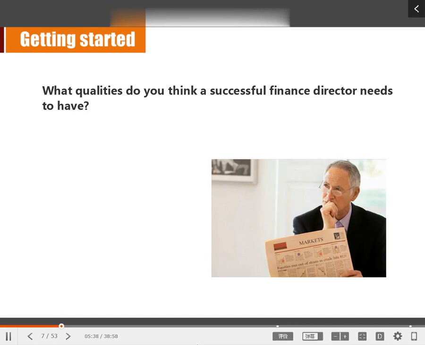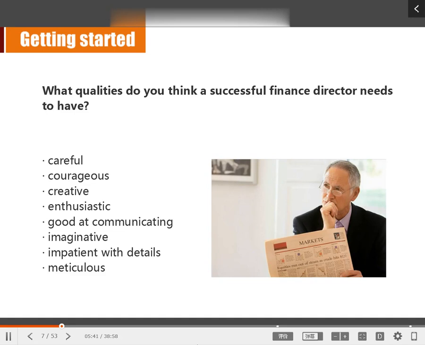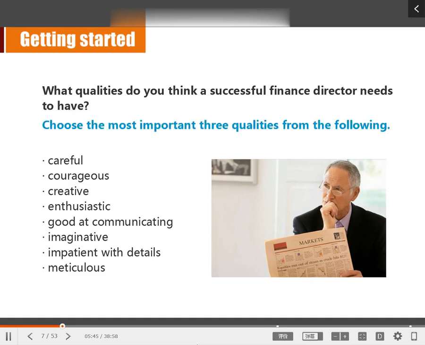Now here, I have provided you with several qualities. And here, you need to choose the most important 3 qualities from the following. And here below we have careful, courageous, creative, enthusiastic, good at communicating, imaginative, impatient with details, and lastly, meticulous.